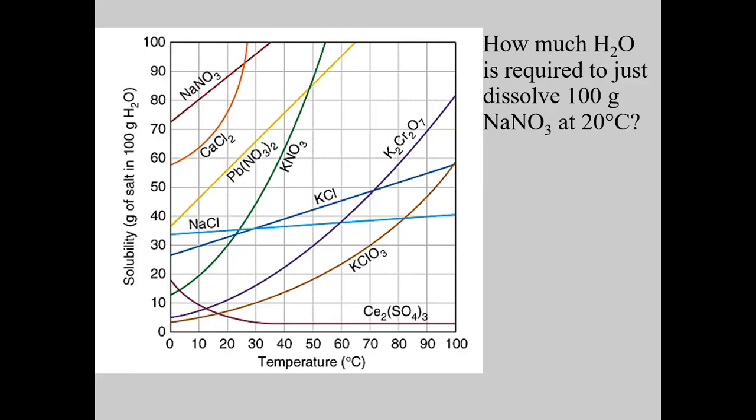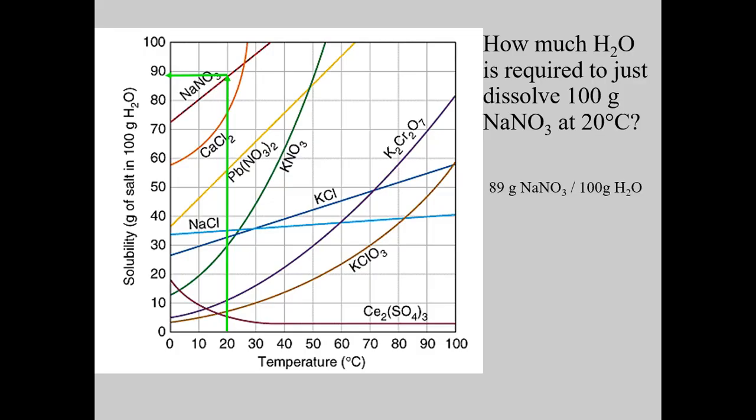So the first thing we always will have to do is find out how much sodium nitrate will dissolve in 100 grams of water at 20 degrees Celsius. Okay, so we go to the 20 degree mark, run up to the sodium nitrate. We run our line over to the y-axis and see how much will dissolve into 100 grams of water.